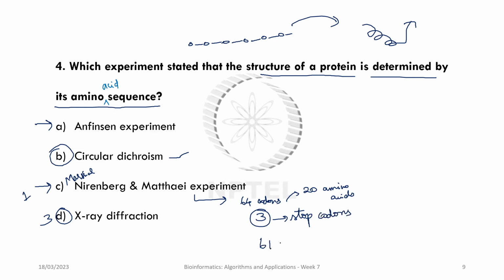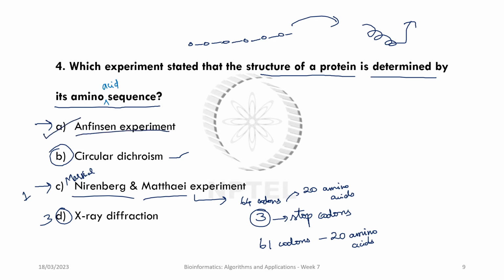Still, you have 61 codons to code for 20 amino acids, which means more than one codon codes for the same amino acid. So the degeneracy in codons was found by Nirenberg and Matthaei. However, this question therefore leaves only A to find out.